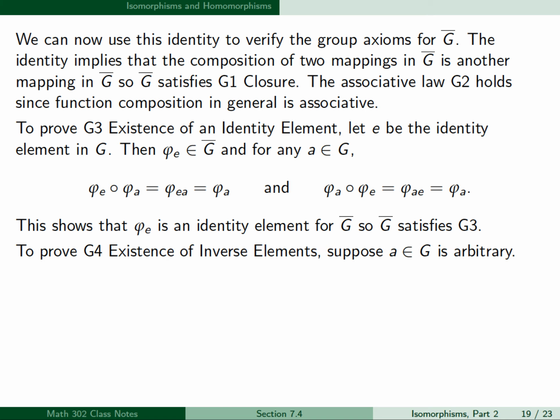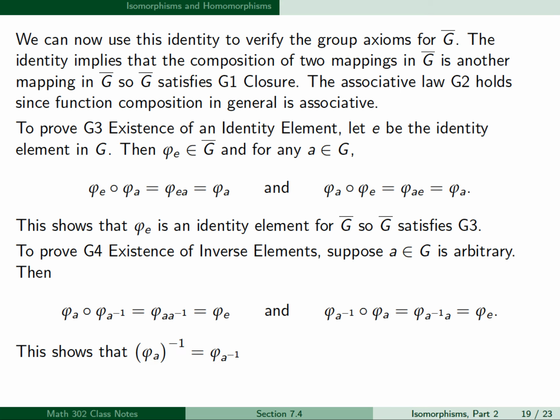To prove G4, the existence of inverse elements, let's suppose that a in G is arbitrary. Then phi sub A composed with phi sub A inverse will be phi sub A A inverse, which is phi sub E, and that's our identity element in G bar. And phi sub A inverse composed with phi sub A is equal to phi sub A inverse A, which is phi sub E, again the identity element in G bar.